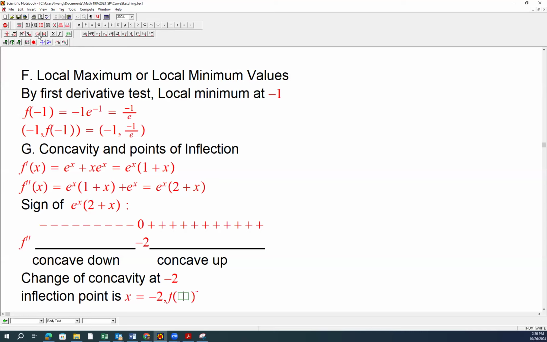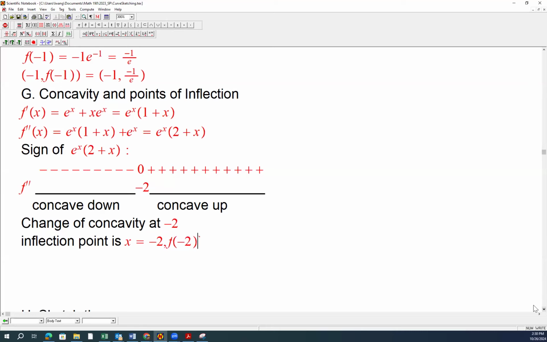When talking about an inflection point, we need to give a pair of numbers. Not only do we need to give the x, which is -2, we also need to give the value of f of -2, which is the y value. So let's evaluate the y value. Our function was x times e to the power of x.